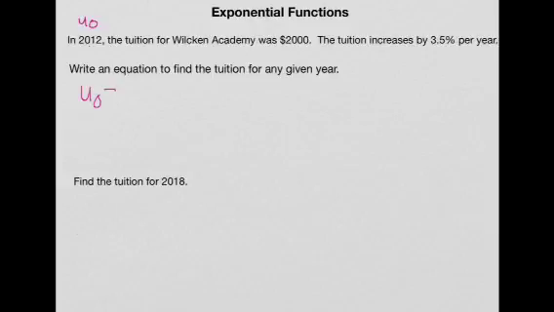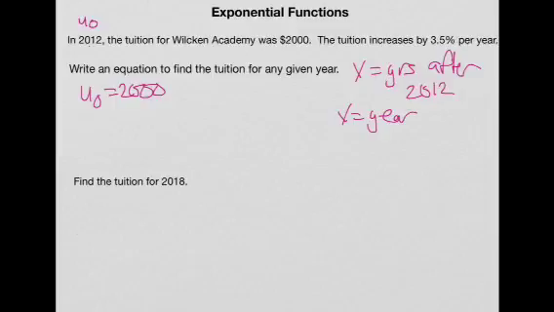So if u sub 0 equals 2,000, then my x value is going to be years after 2012. In other words, x is going to be the year I'm looking for minus 2012.